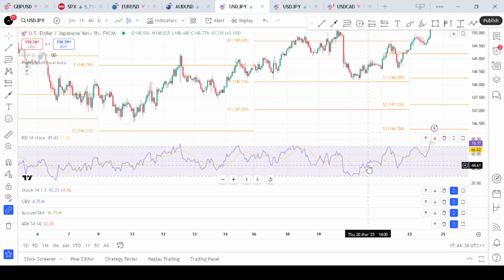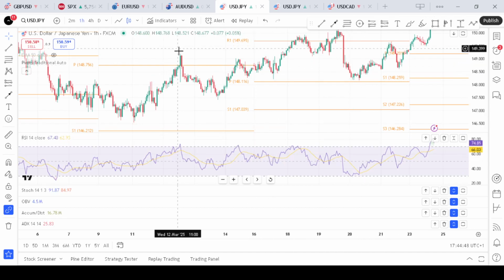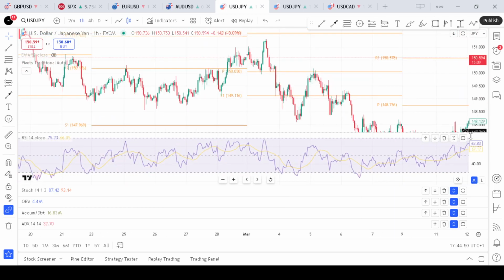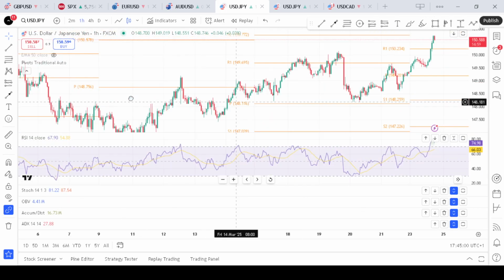Then in a sell trade, we'll look for the RSI to be above 70. If I'm to look for a selling opportunity, I'll be looking for the RSI to be above 70 to spot my overbought region and to expect a reversal in price.